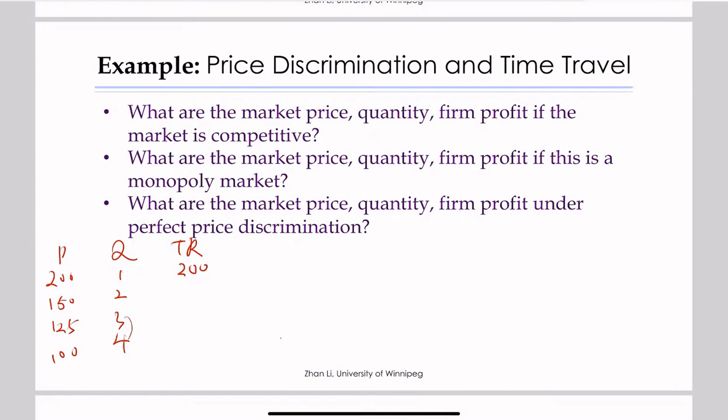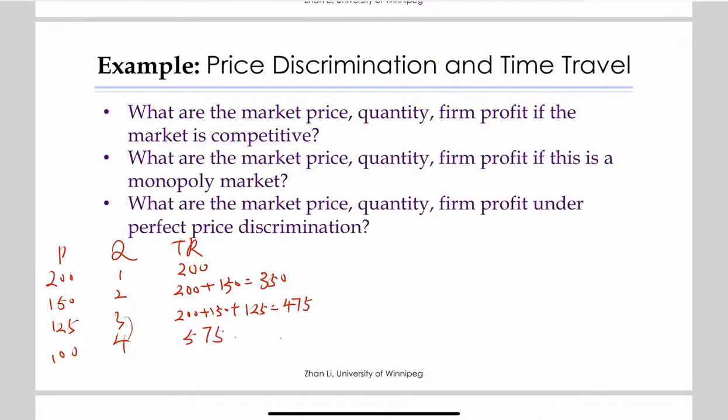For the second person, the firm will charge 150. So it's 200 plus this, which is 350. And for the third person, the firm will charge 125. So it's 200 plus this, which is 475. For the last one, it will just charge 100. So it should be 575. Right?